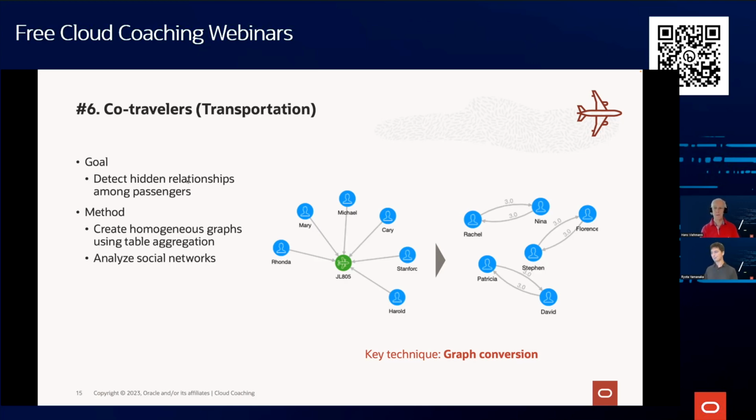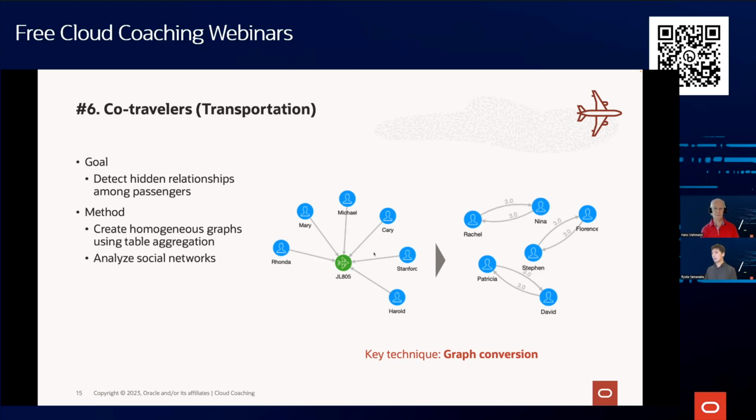No problem. Yep. So this use case is to detect hidden relationships among passengers of flights. This is an actual use case in Europe, and in this case, they created homogeneous graphs using table aggregation.